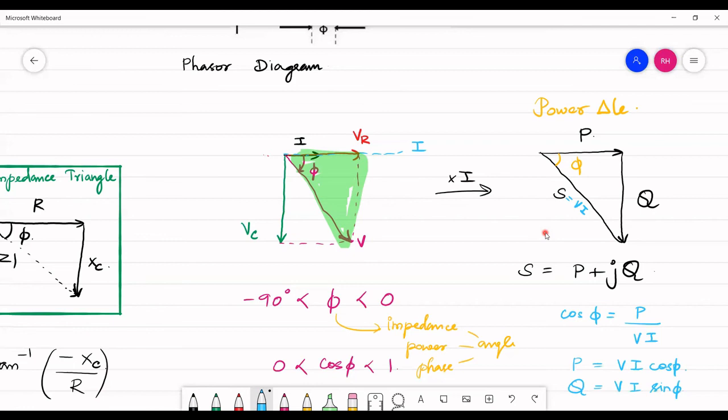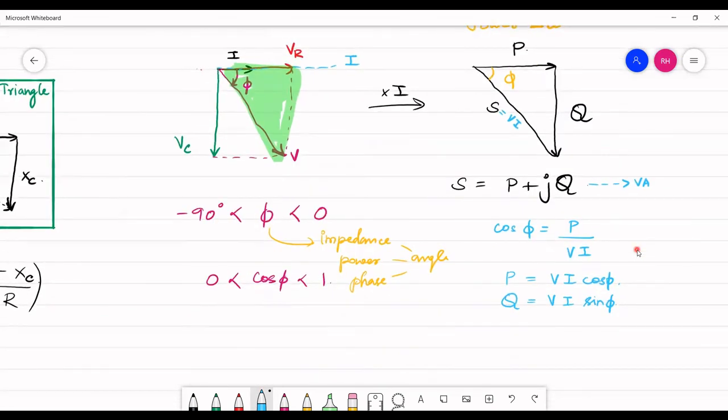The unit of the apparent power is volt ampere. Real power, true power, average power, or actual power all mean the same, and its unit is watt, and the unit of Q is volt ampere reactive.